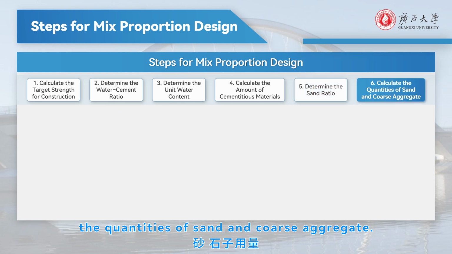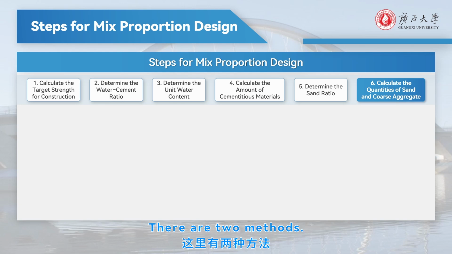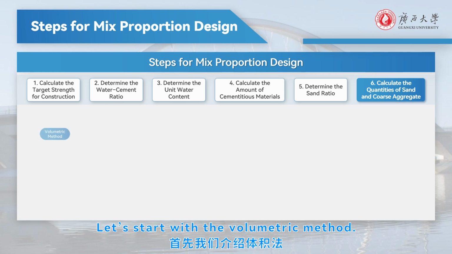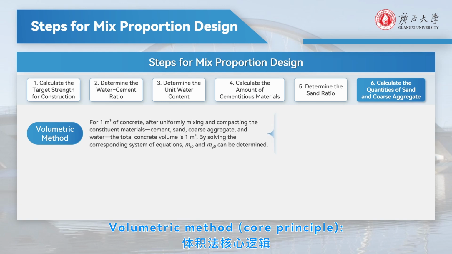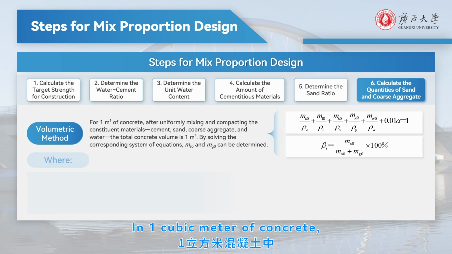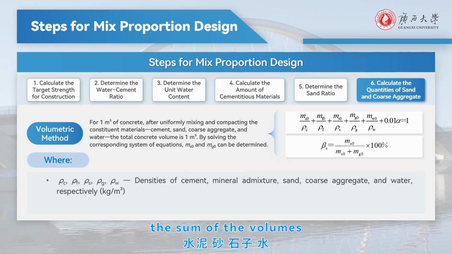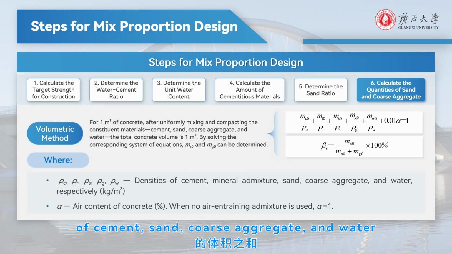Step 6. Calculate the quantities of sand and coarse aggregate. There are two methods. Let's start with the volumetric method. Volumetric method, core principle. In 1 cubic meter of concrete, the sum of the volumes of cement, sand, coarse aggregate, and water equals 1 cubic meter.